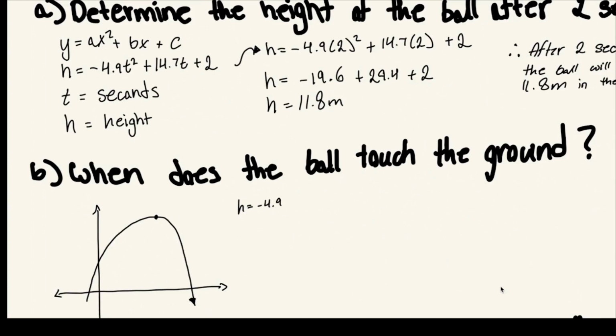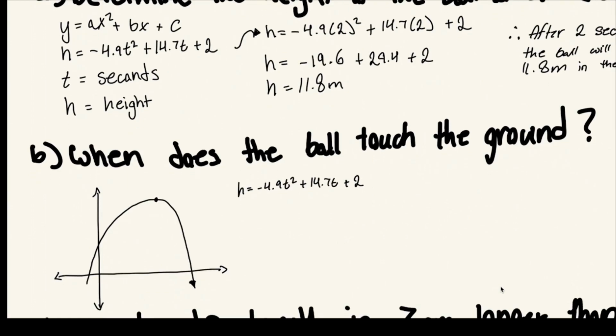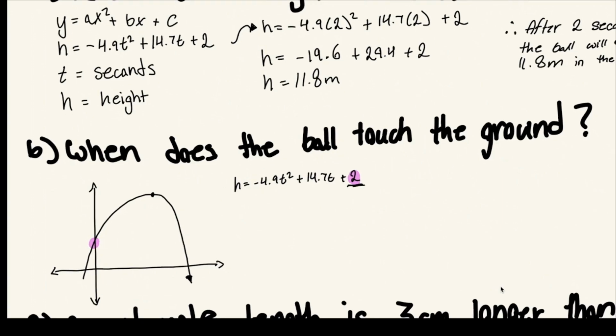Because remember, if we have h equals negative 4.9t squared plus 14.7t plus 2, the y-intercept will be right here, and there will be a reflection over the x-axis due to this minus sign. So our graph will look something like that.